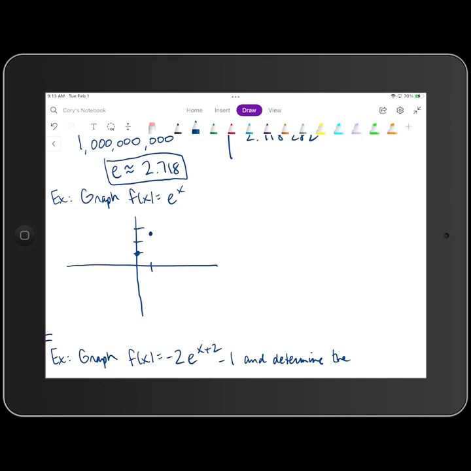So you just want to eyeball where 2.7 is on your graph. So the graph is going to contain the point 0, 1, and then 1 comma 2.7. So roughly, the graph of your curve is going to look like so. Okay, so we'll stop there, and then I'll pick the next video up from that point.